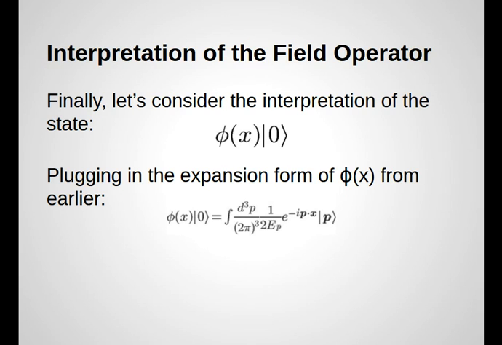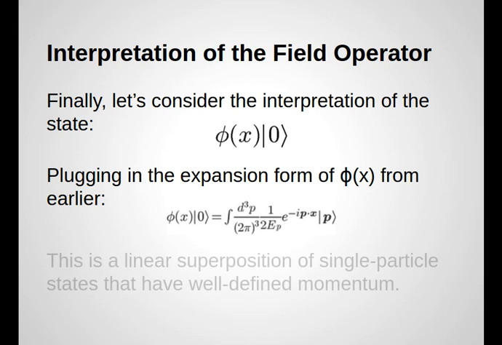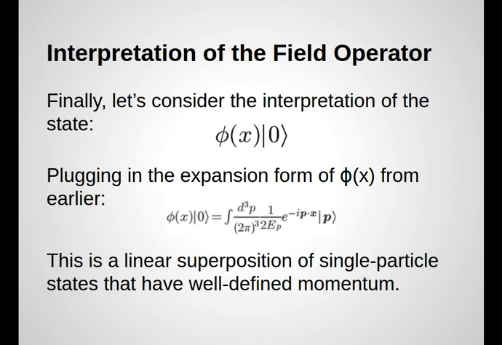That's what gives me this peak, okay? And you can see that I'm still integrating over these modes, okay? So this looks a lot like a linear superposition, right? So what we're saying is, the field operator in position space is a linear superposition of single particle states, and all those single particle states have well-defined momentum, right?